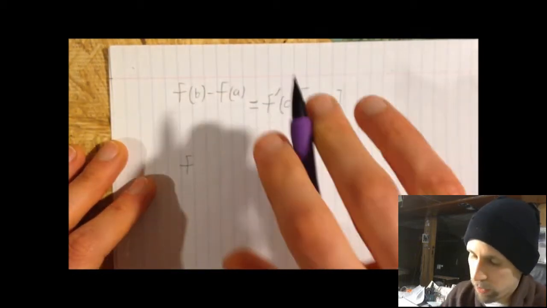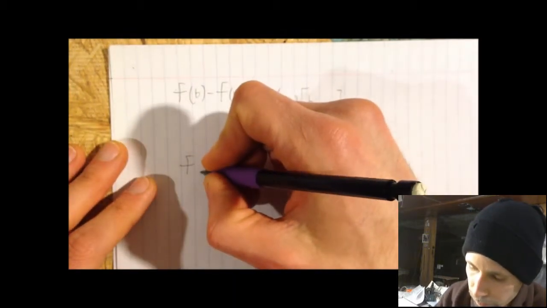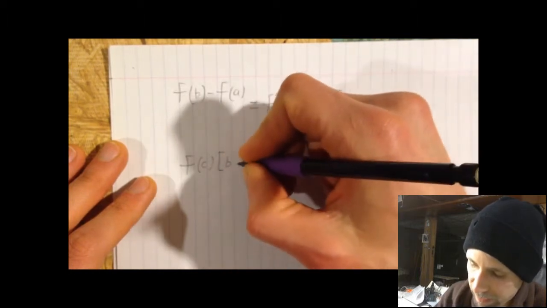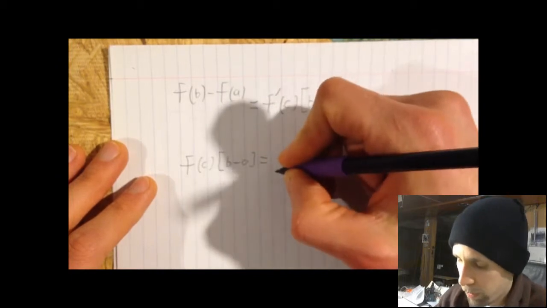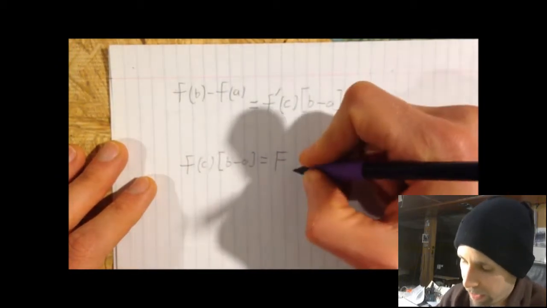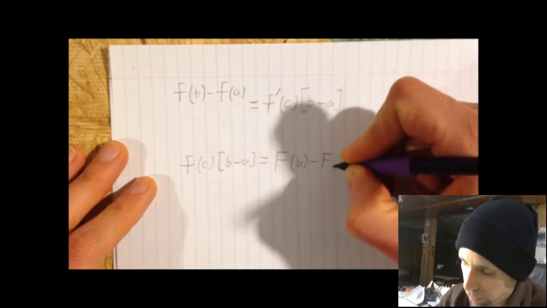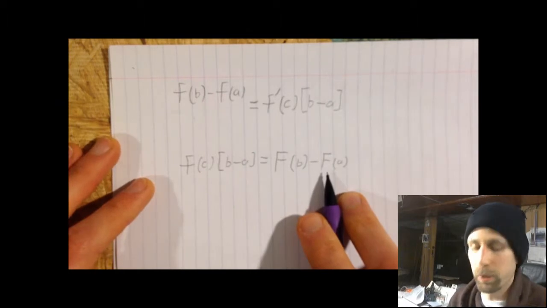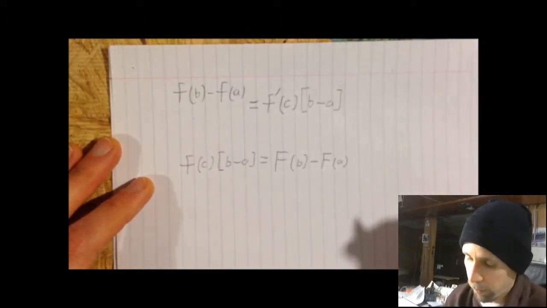If I switch the notation up just a little bit, it says the value of a function at some point multiplied by a distance can be equal to the difference in that function's antiderivatives. I use a capital F to represent an antiderivative. So we start out here, and this can be represented that way.